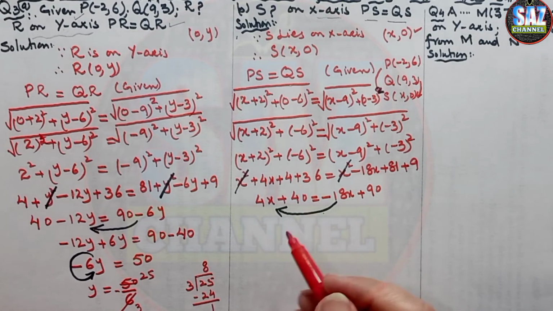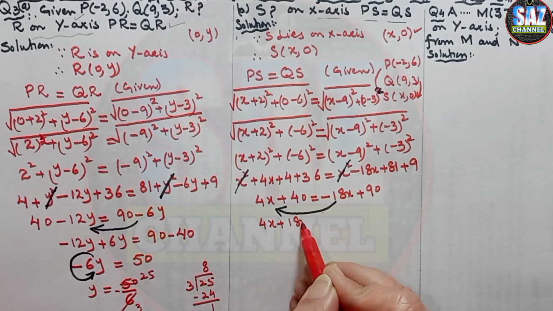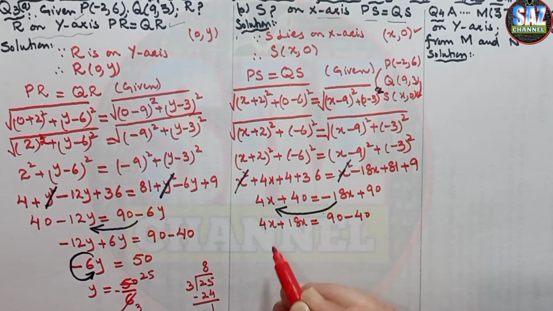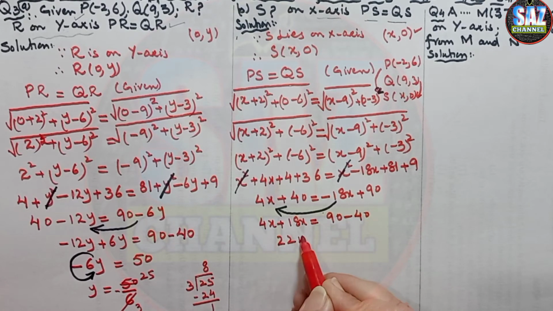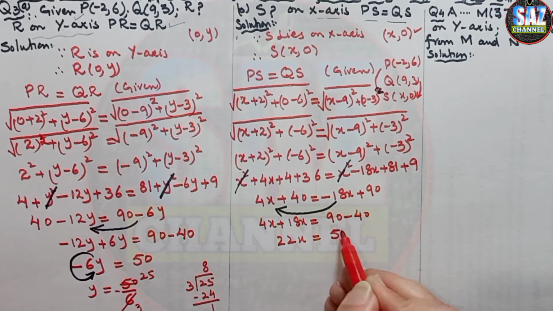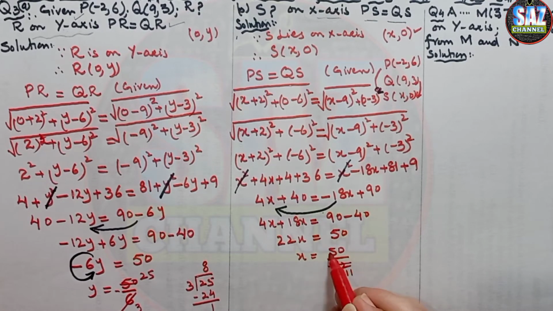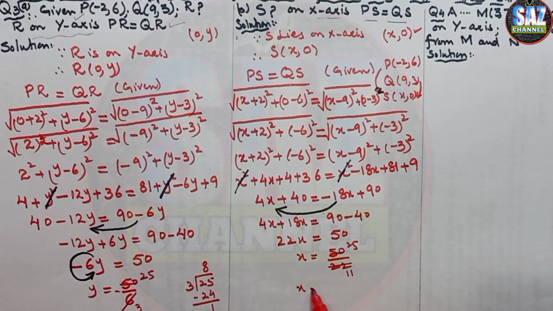So the equation will take the form 4x plus 18x is equal to 90 minus 40. 18 plus 4 is 22, so 22x equals to 50. And now x equals to 50 by 22, and this will give me 2 11s and 2 25s. So x equals to 25 by 11.